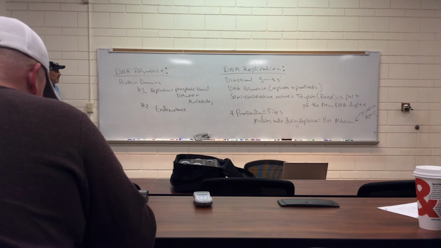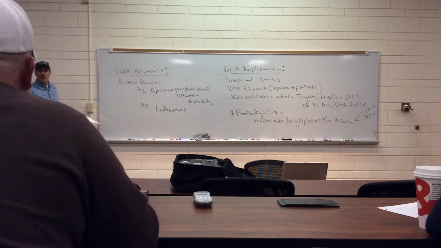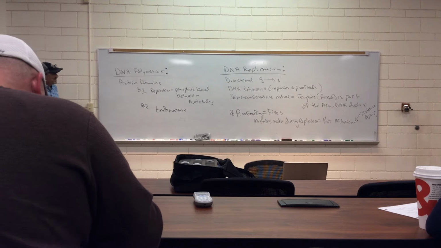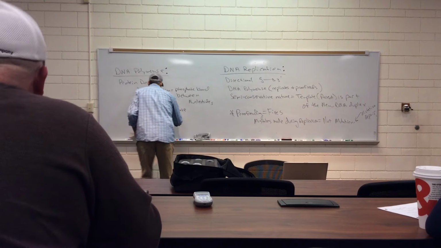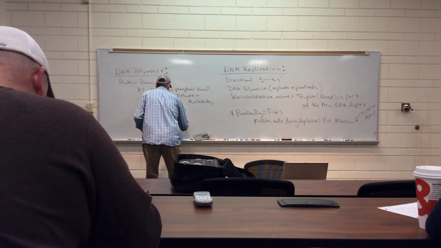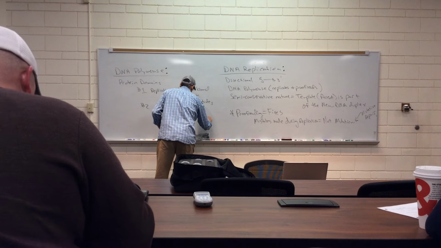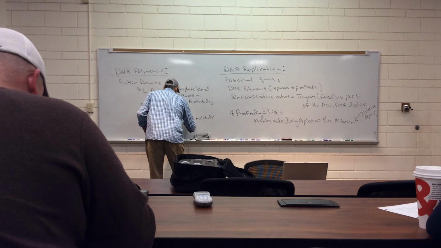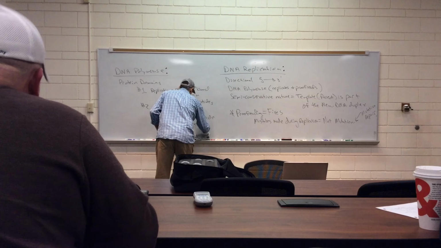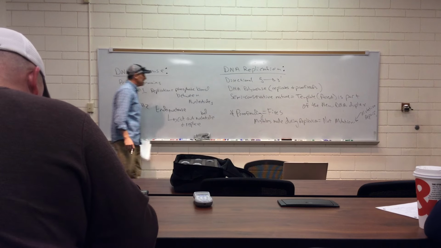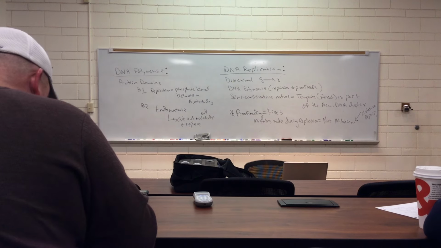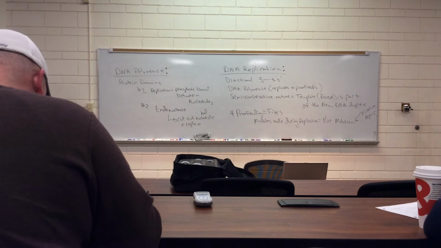The second domain, the other part of the protein, is what we call an endonuclease. Endonucleases are basically molecular scissors or shears. And so it has the ability to cut out the bad nucleotide and replace it.